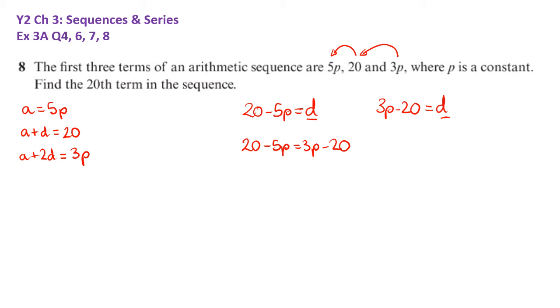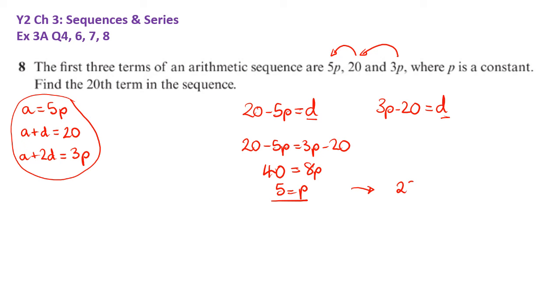You get the same kind of thing if you work with that over there, but this is probably a bit easier. So we'll end up with add 20, we'll get 40. Add the 5p, we get 8p, and we'll get 5 equals p. We could then plug this back in. 5p, so our first term is 25, our second term is 20, third term is 3p, which is 15.